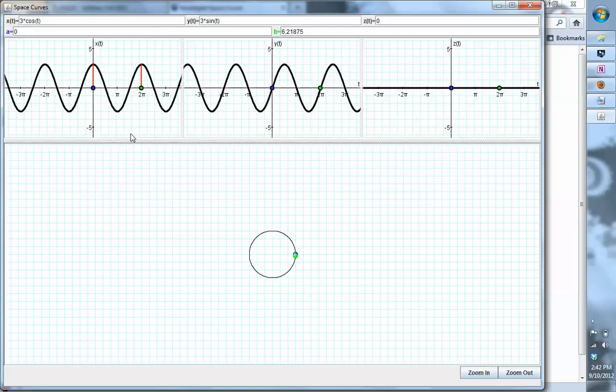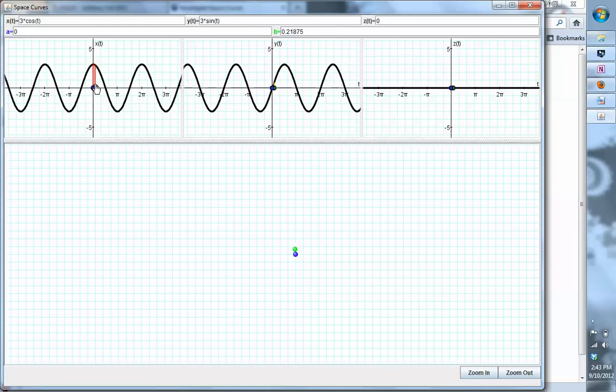But they're actually not too bad. This is the origin, and you can see the graph paper here. This is 1, 2, 3, 1, 2, 3. So each square in the graph paper is 1 unit. Let's see if we can better understand the relationship between these coordinates, x of t, y of t, and z of t, and what's being drawn on the screen.